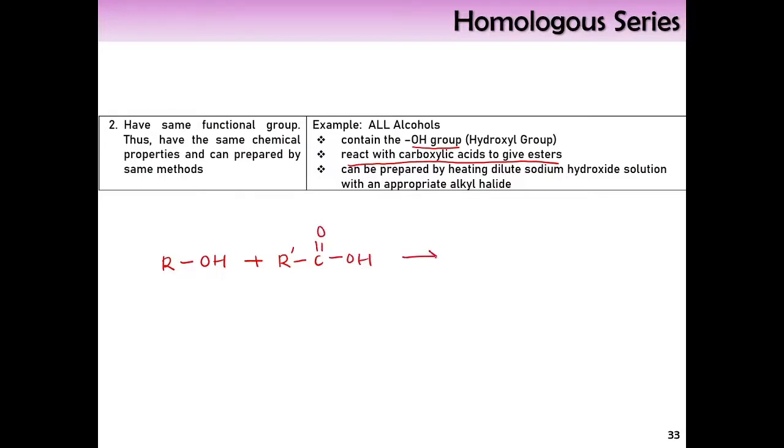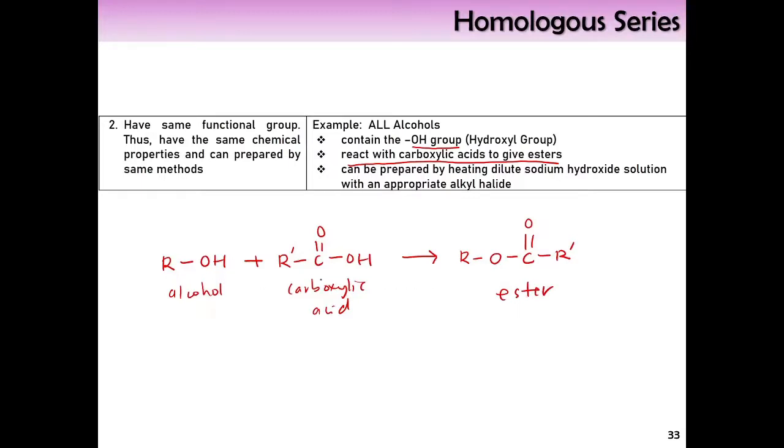Alcohol can react with carboxylic acid, and it can produce ester. So ester is R prime COOR.